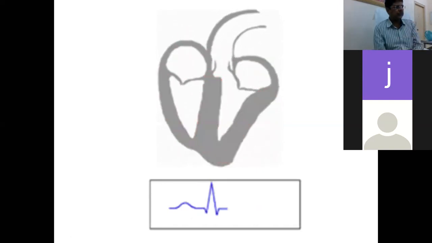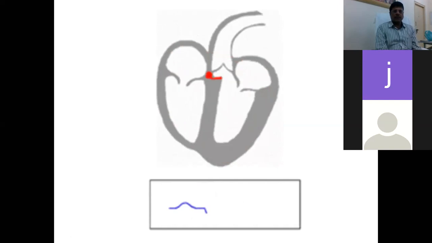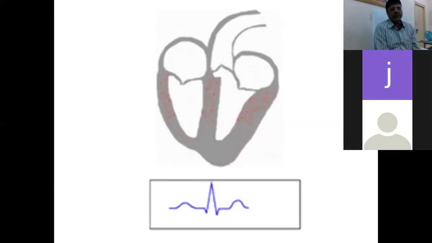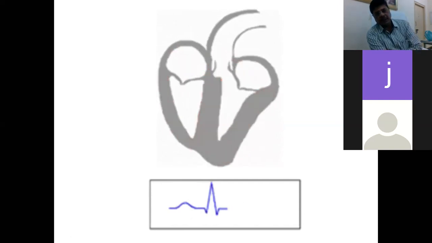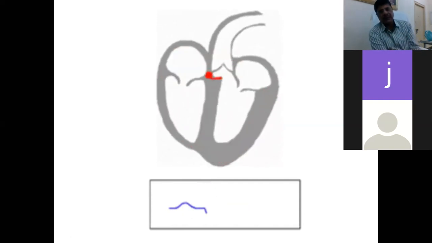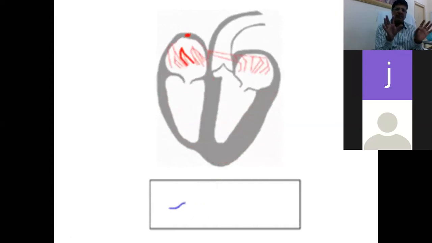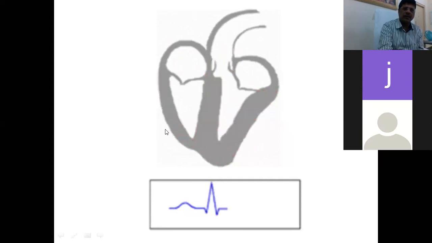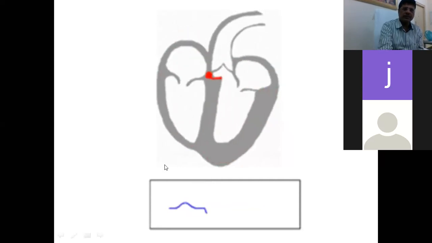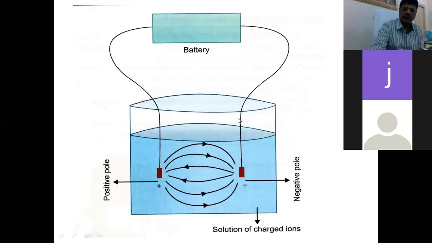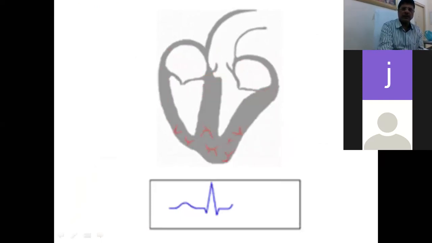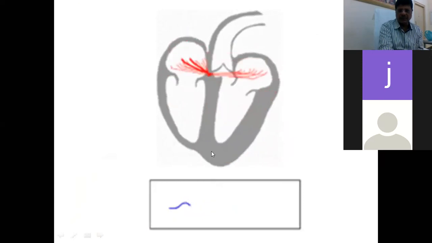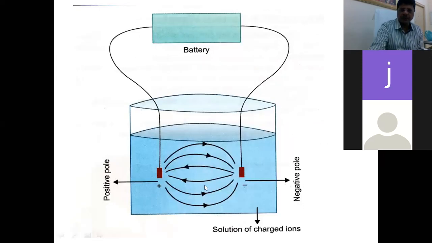If you look at these two, you will understand. On the top panel, you have the excitation spreading, and in the bottom panel, in the inset, you have the ECG waves developing. Please observe this very carefully. Whenever the atria are activated on top, the P wave develops. When the anteroseptal region is activated from left to right, you have the small Q wave.